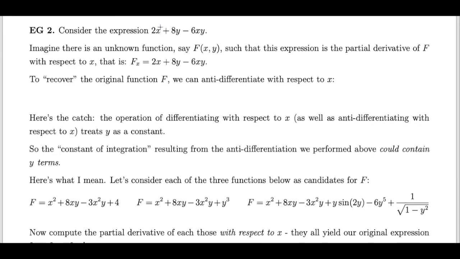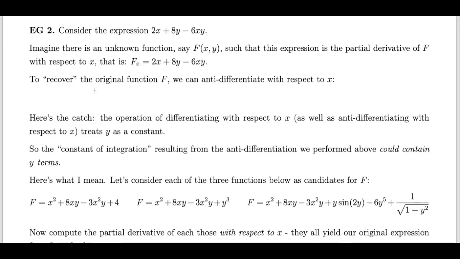Namely, we want to assume that this expression is the partial derivative with respect to x of the unknown function F. If we're going to make that assumption, then I can back up from the derivative up to the original function by anti-differentiating with respect to x.